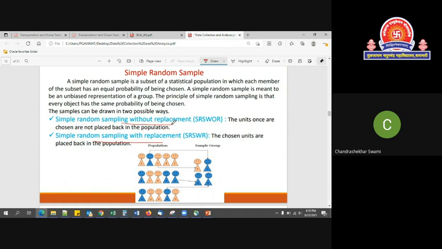We are not replacing. The other method is simple random sampling with replacement. Suppose I want to test the mileage of a bike. Suppose I have 10 bikes, all of the same brand, say Pulsar.